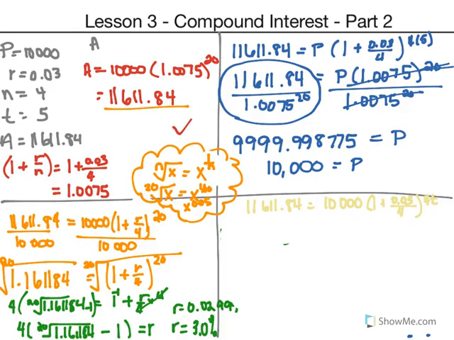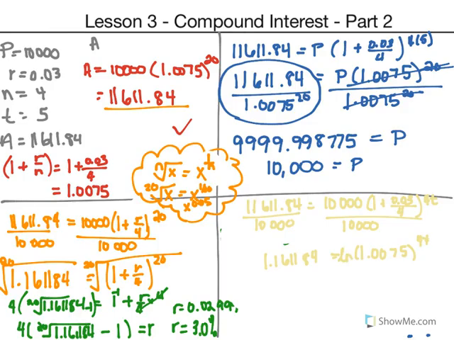We're looking for the t value. So we're going to divide by 10,000. So we have 1.161184 is equal to 1.0075 to the power of 4t.